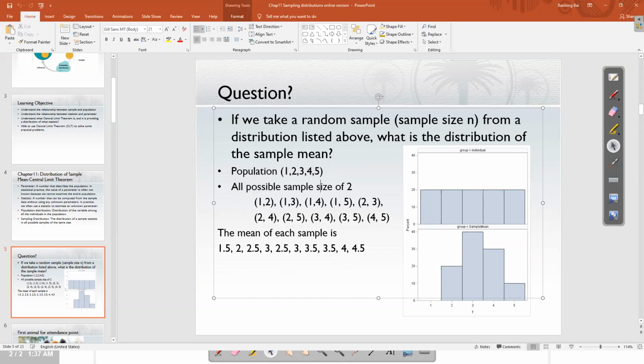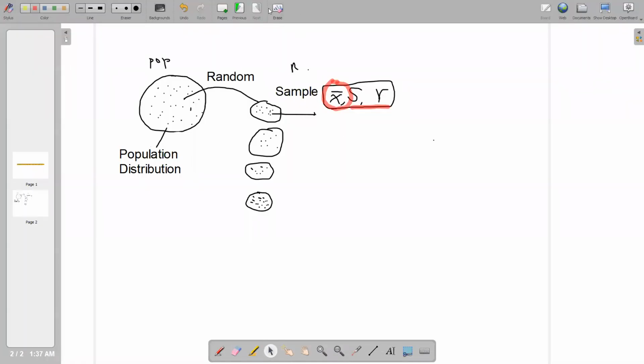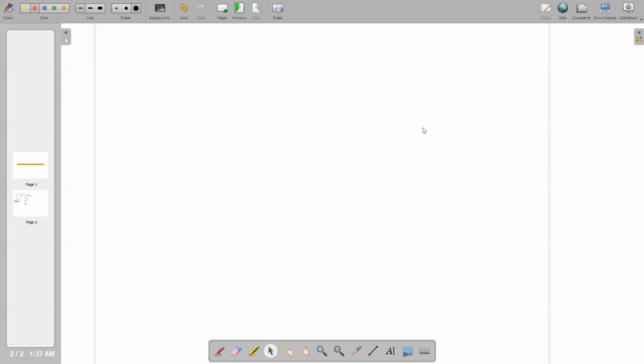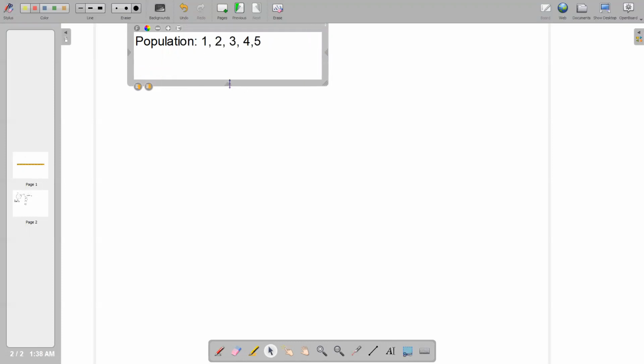Then what will be the population distribution? We're going to draw a population distribution of it. So we have a population with values 1, 2, 3, 4, and 5. Now we want to draw this population distribution.